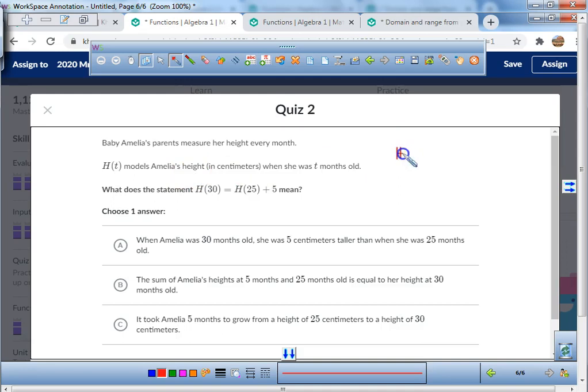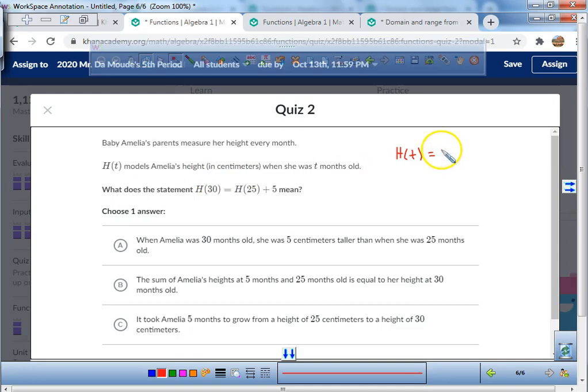So I'm going to put h of t. What does that model? That equals the height in centimeters. All right, and t represents how old she is. T equals months, like her age, months old.